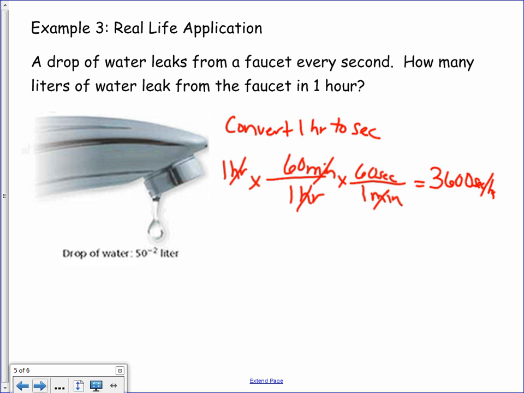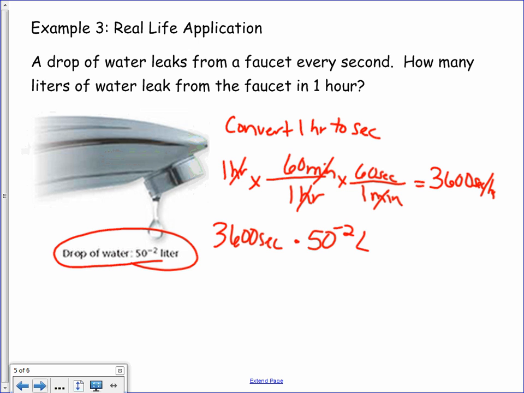Very good. So if water leaks from the faucet at a rate of 50 to the negative 2 liters per second, then we need to multiply 3,600 seconds by that rate, 50 to the negative 2 liters per second. What does that mean? That means 3,600 times 1 over 50 squared.